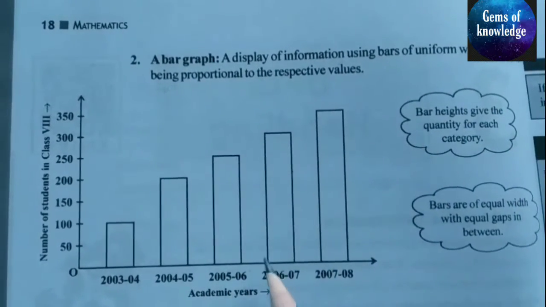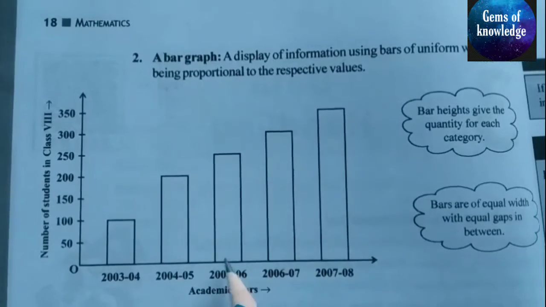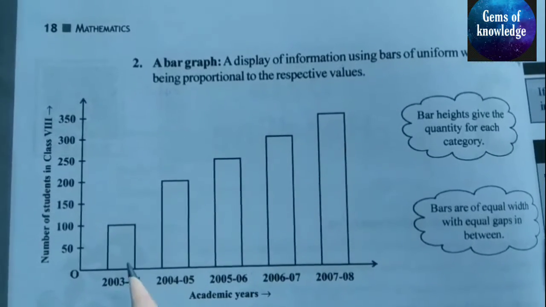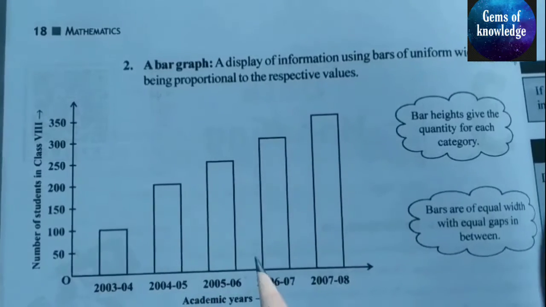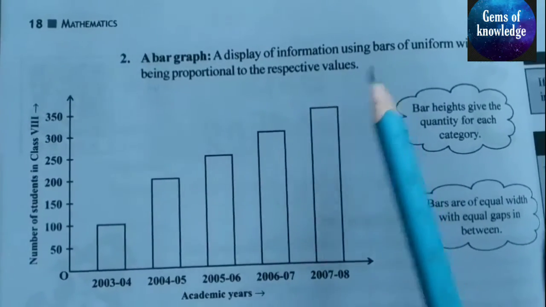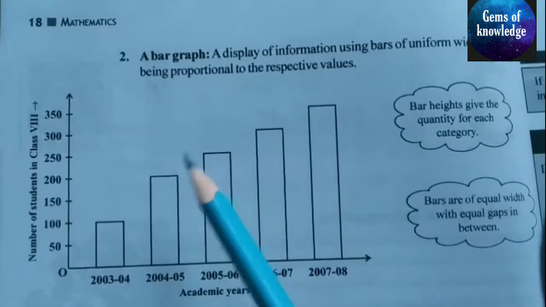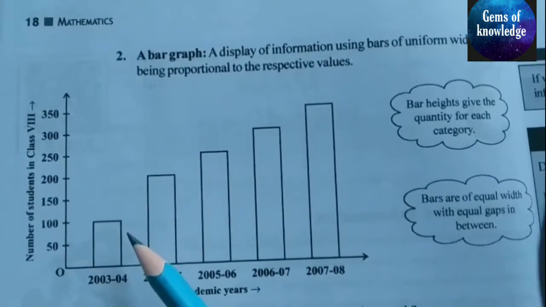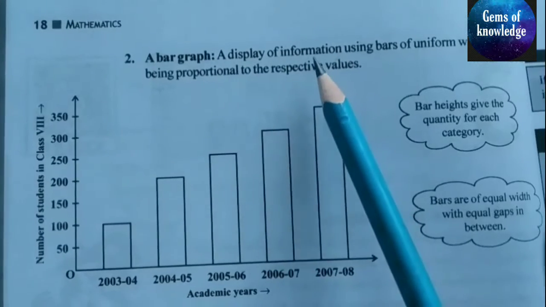You can see these bars, these are called bars. They have equal width, their heights being proportional to the respective values, and their heights are according to their respective values. This is nothing but called a bar graph.